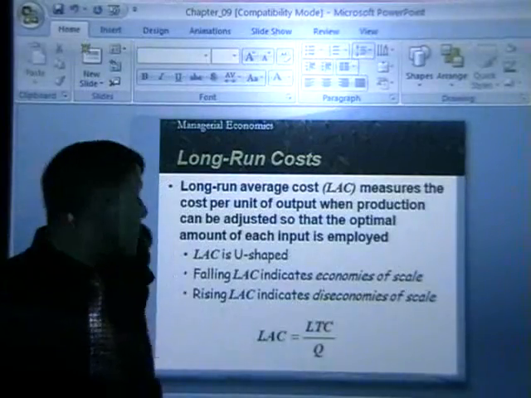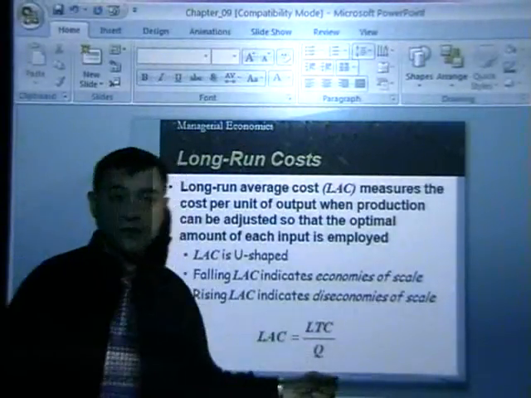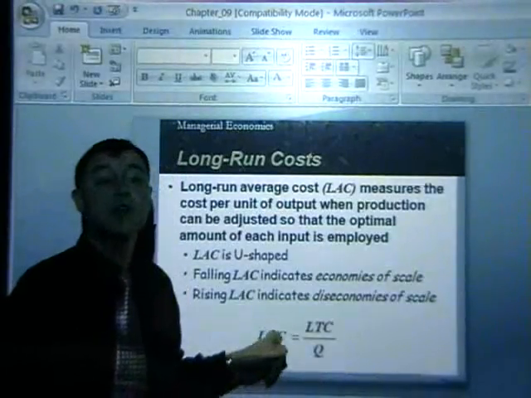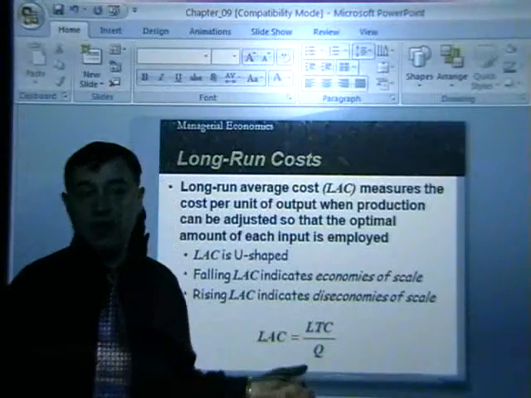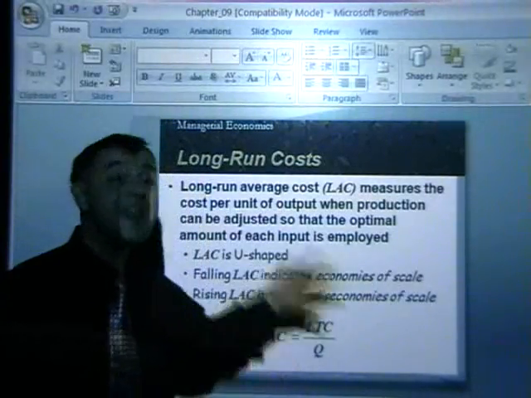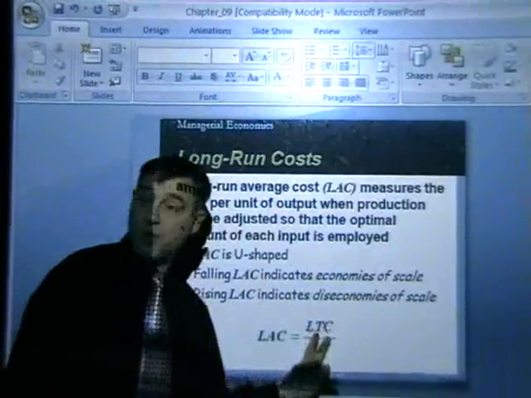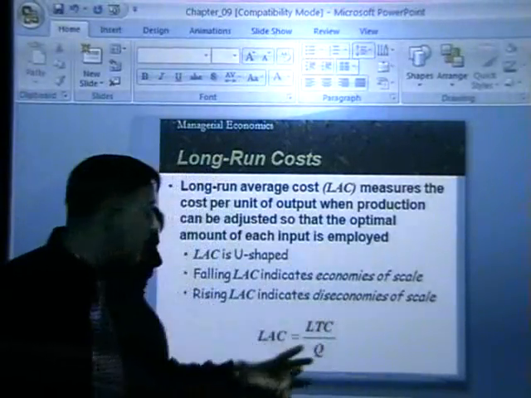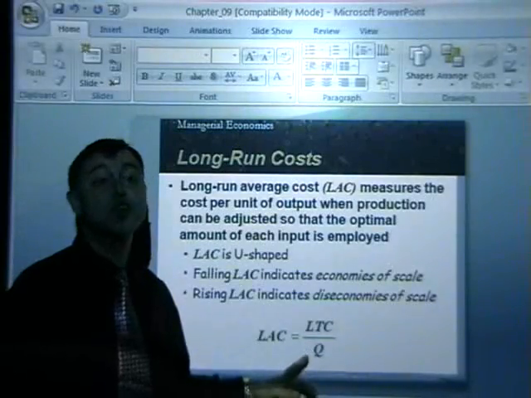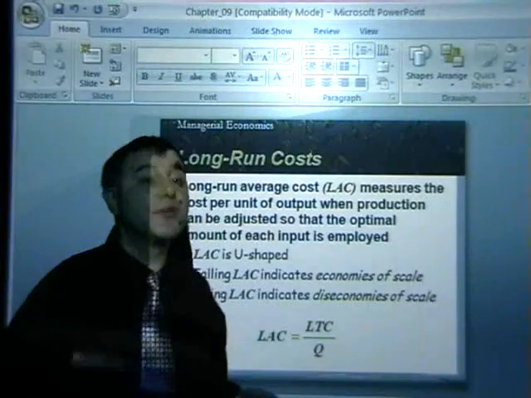Now, when you divide the long-term total cost by the quantity, you simply get the long-term average cost. This is a fairly straightforward definition. The definition for any average cost is simply the corresponding total cost divided by the corresponding quantity of output. That's elementary, perfectly intuitive.